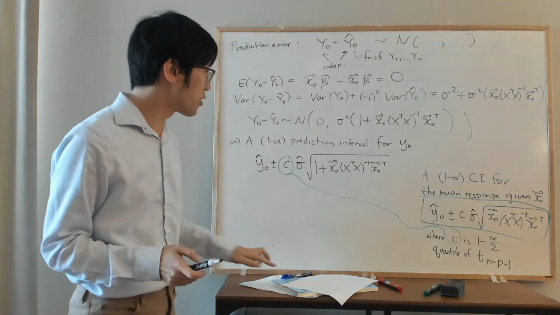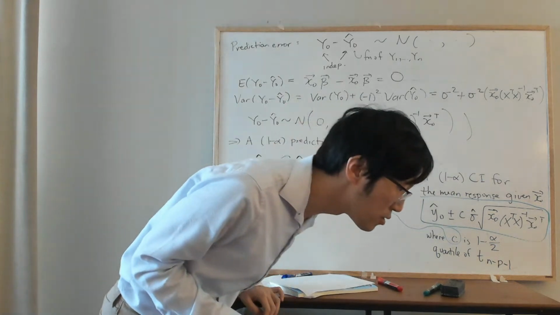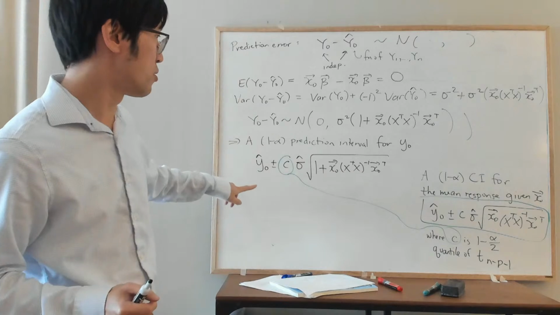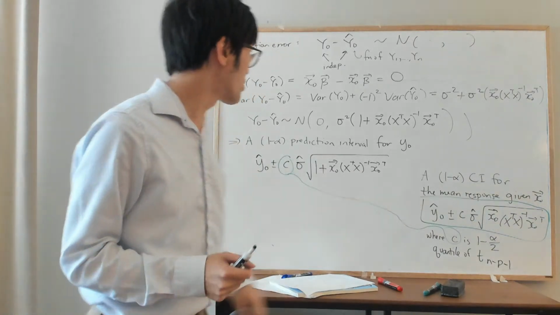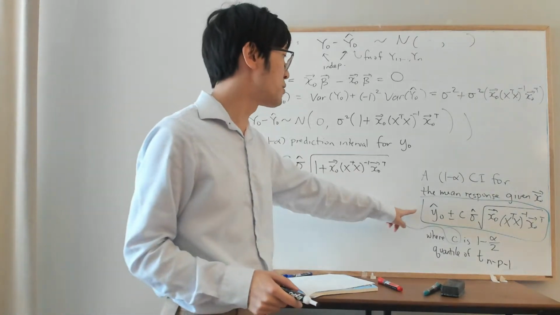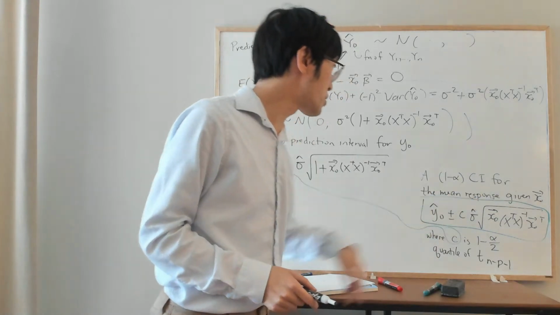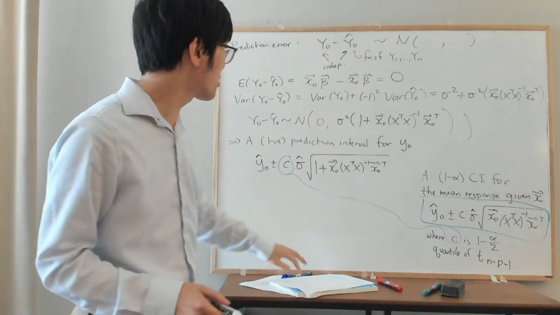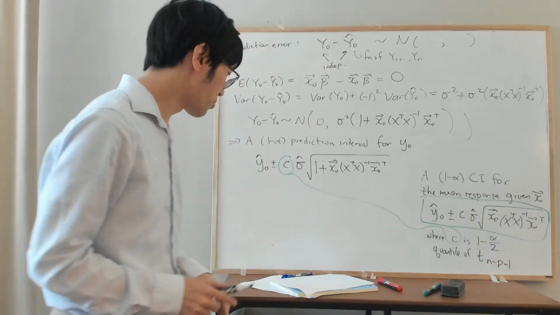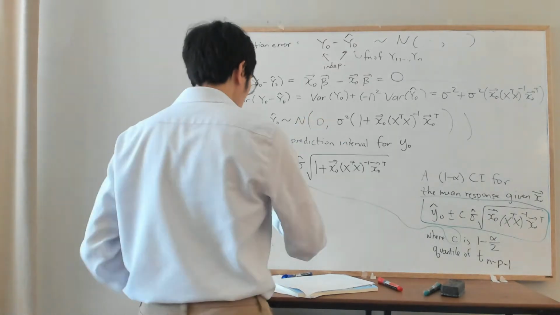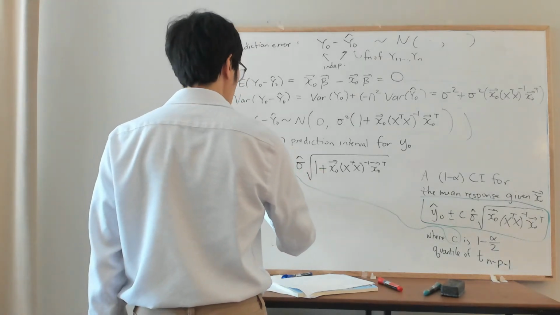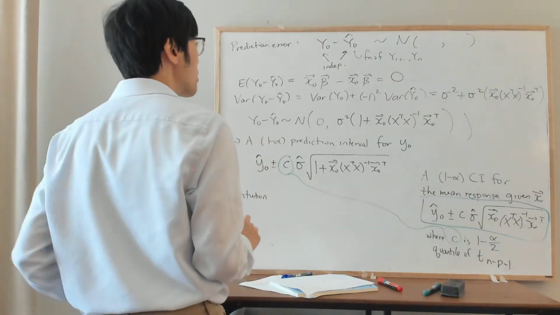Okay, and so I think the last point is to compare these two expressions. This one is a confidence interval for the mean response given x0, and this one is a prediction interval for y given x0. You notice these are slightly different.